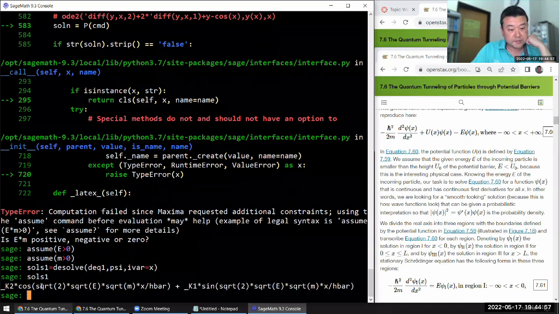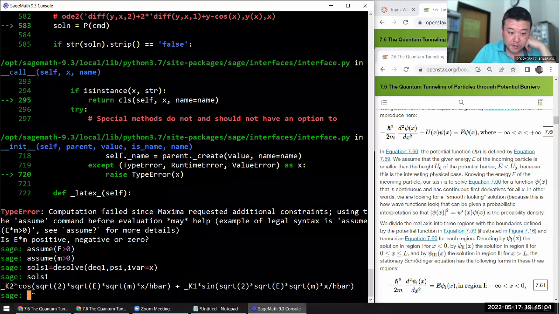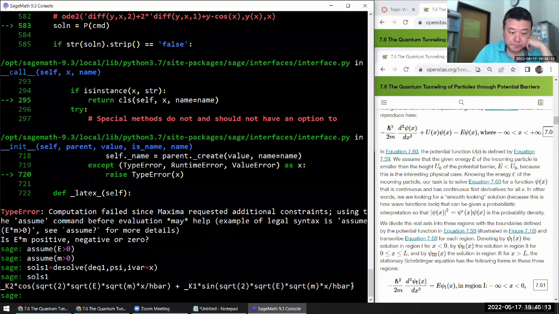So when you look at this general solution, you see that it could be troublesome. Maybe it won't work.